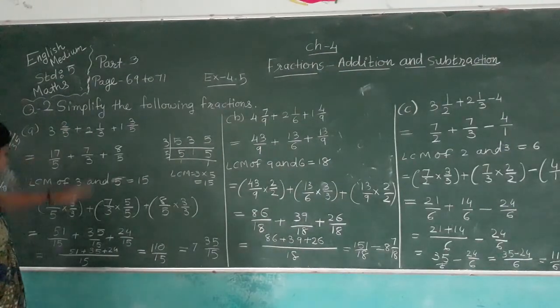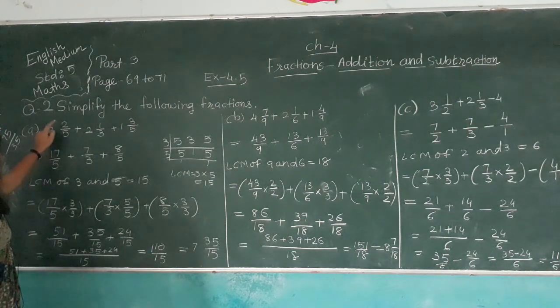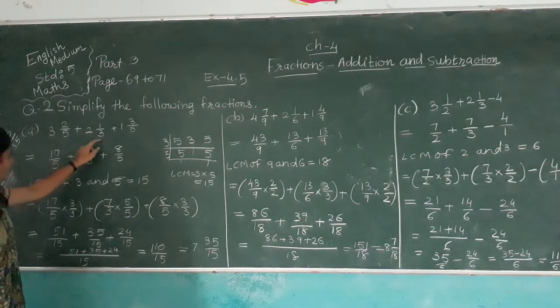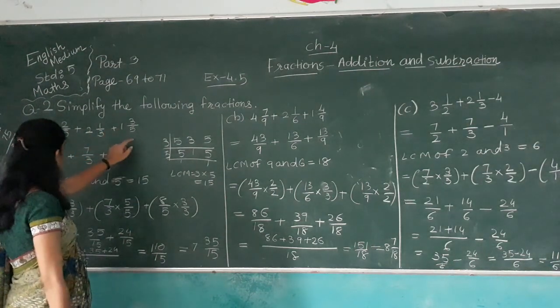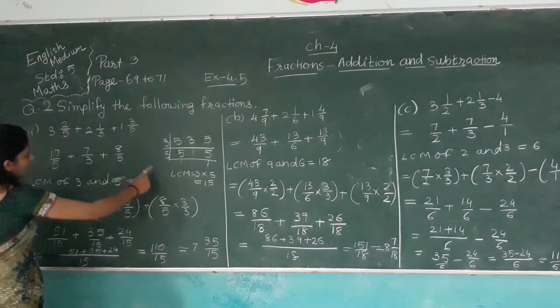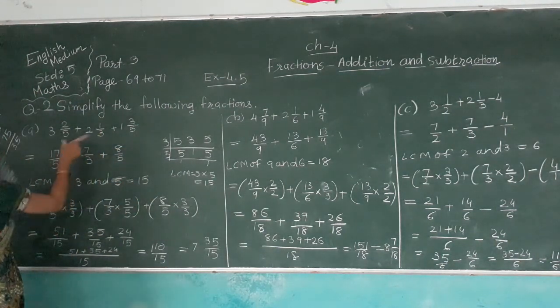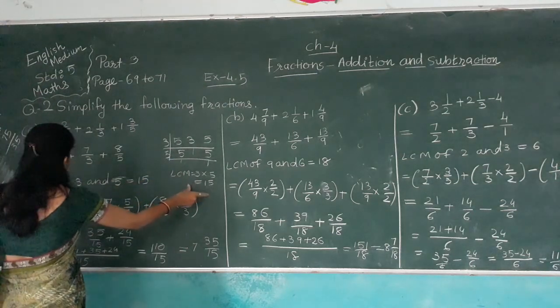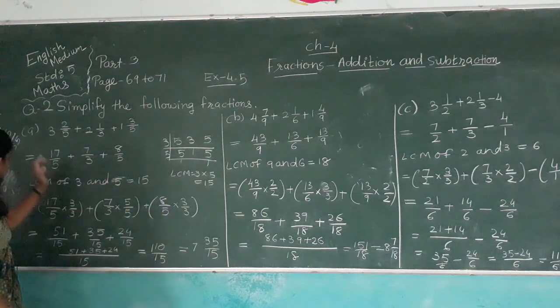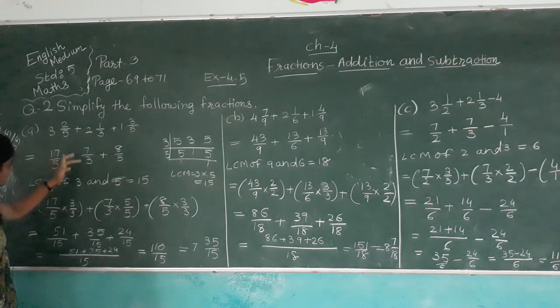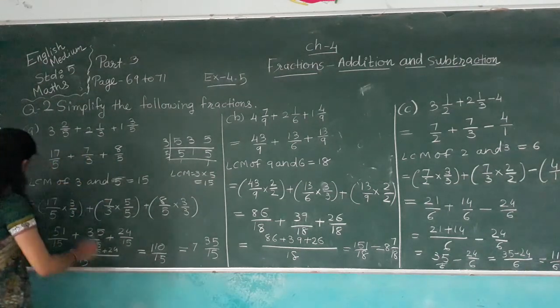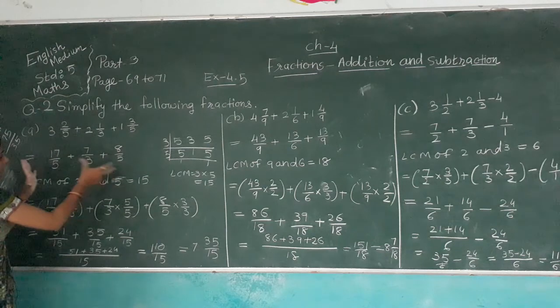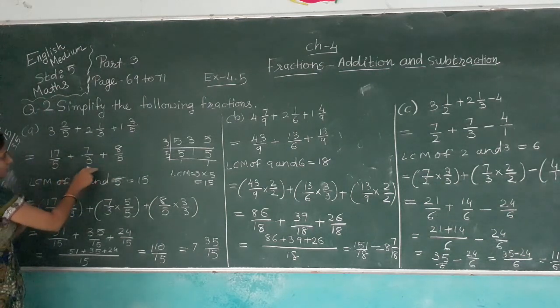Now again, one time check it. 3, 2 out of 5 plus 2, 1 out of 3 plus 1, 3 out of 5. Here first we convert the mixed fractions into improper fractions, then find the LCM. LCM is equal to 15. 17 out of 5 plus 7 out of 3 plus 8 out of 5. Then we convert the denominators to the same.